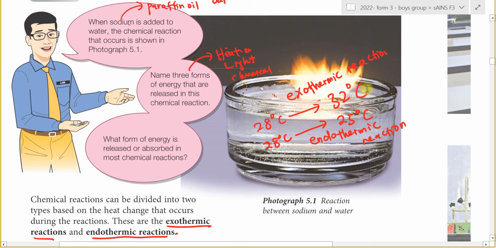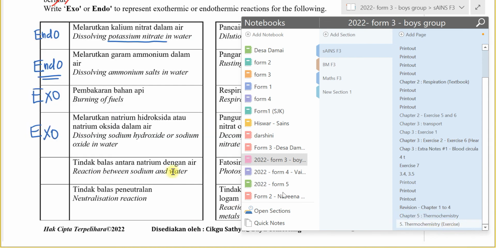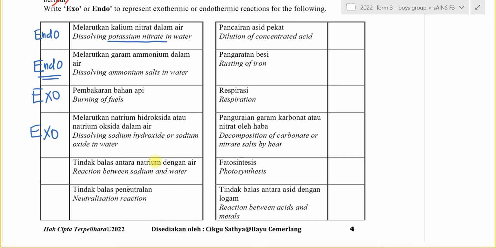Oh, exo. You can see the burning one. If burning occurs, then exo. Reaction between sodium and water will cause what? Explosion or burning, right? So this should be exo.